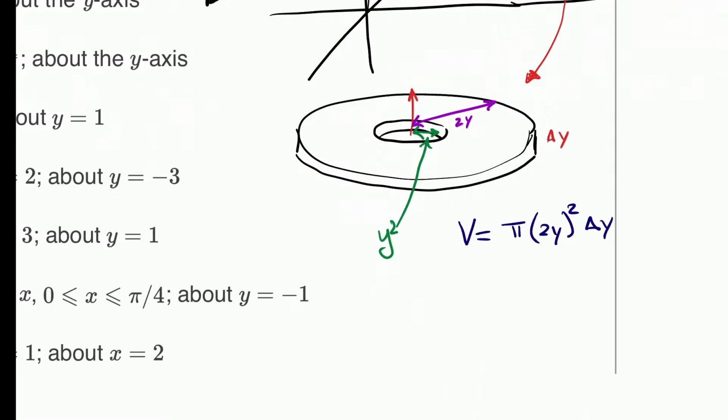If this thing didn't have a hole in it, it would be pi times the outer radius squared times the thickness. But then, of course, we're going to subtract off that hole, which is pi times the inner radius squared times the thickness.